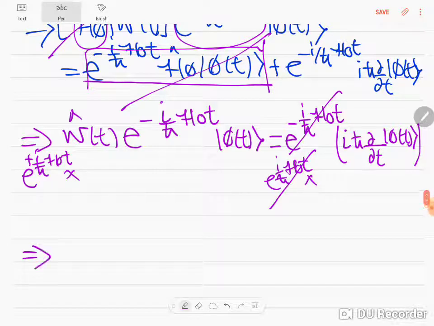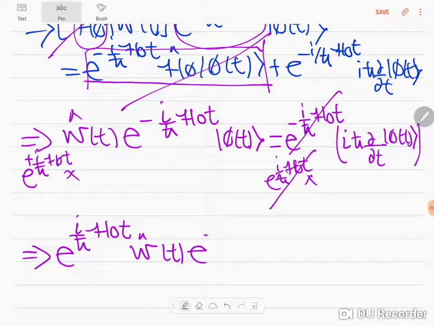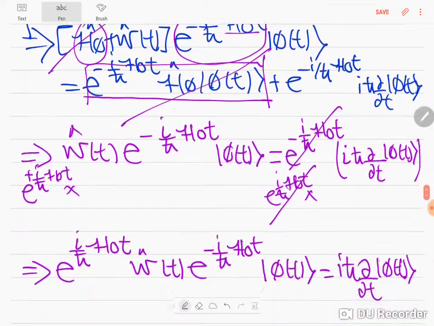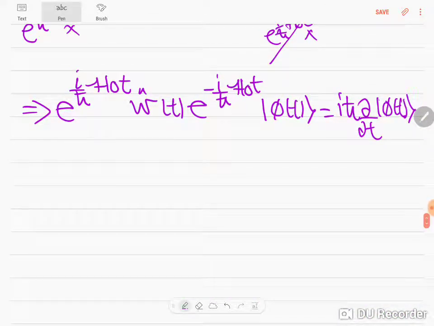So what we end at is e^(i/ħ H0 t) W(t) e^(-i/ħ H0 t), that acting on |φ(t)⟩, equal to iħ times the time derivative of |φ(t)⟩, and this is the Schrödinger equation for our perturbation W. Okay, so it's just as simple as this.